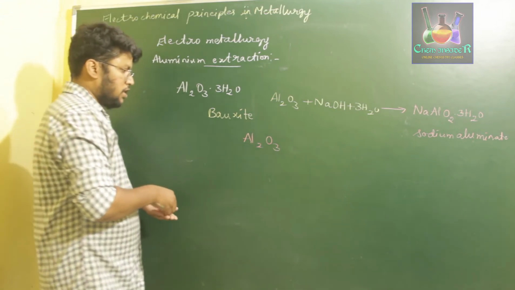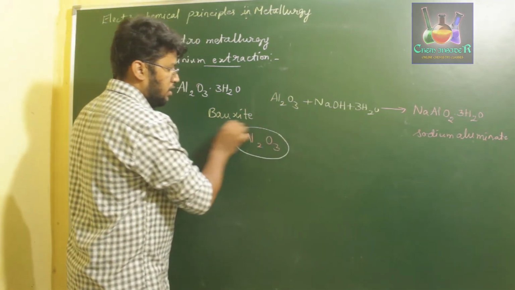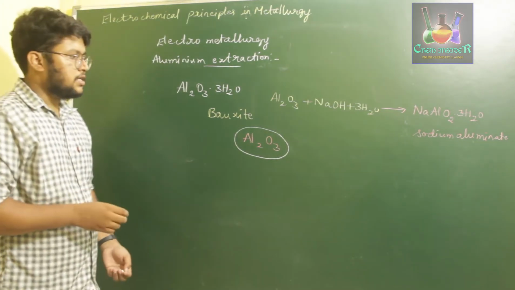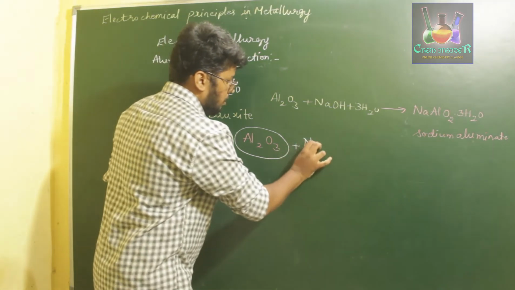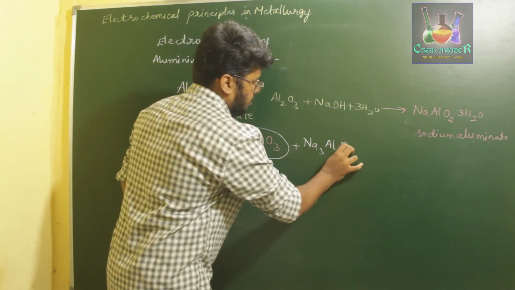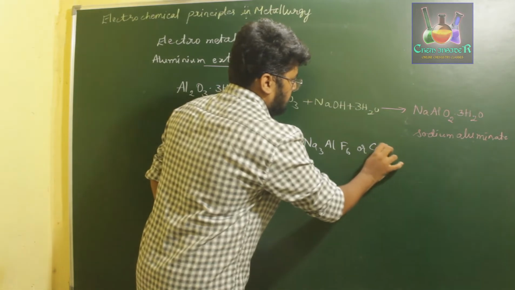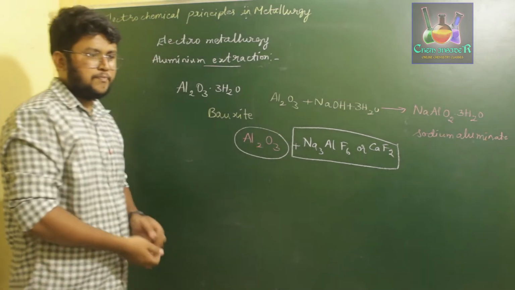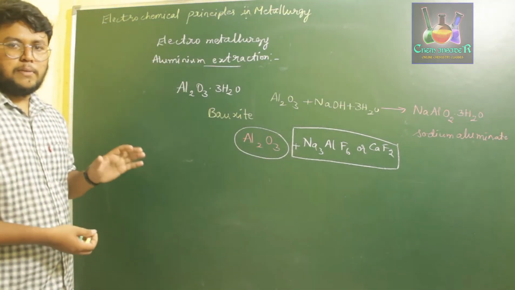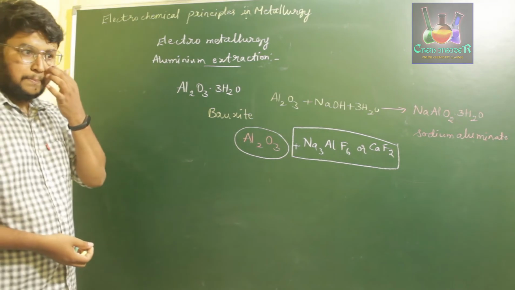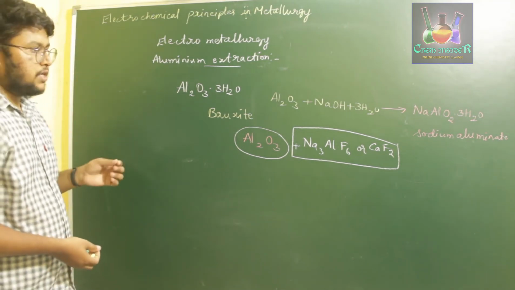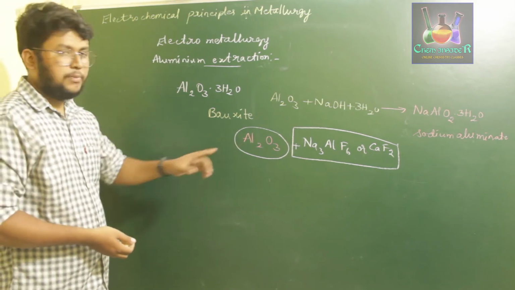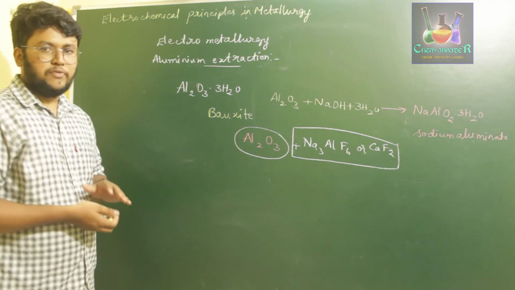Once this Al2O3 is extracted from its sodium aluminate, we treat it with a compound such as Na3AlF6 or CaF2. Na3AlF6 or CaF2 reduces the melting point of aluminium oxide.